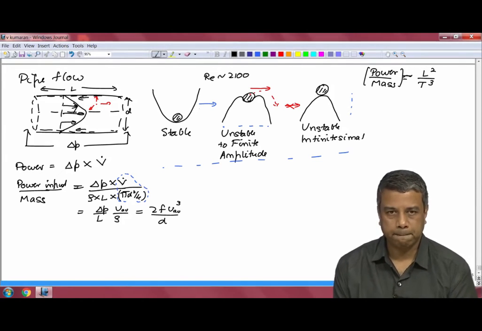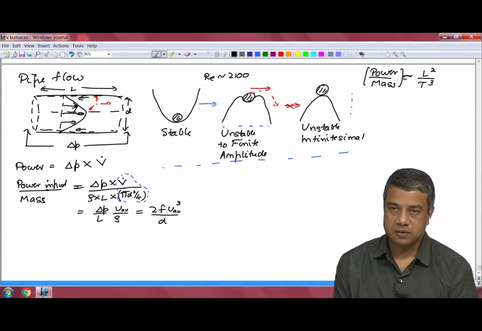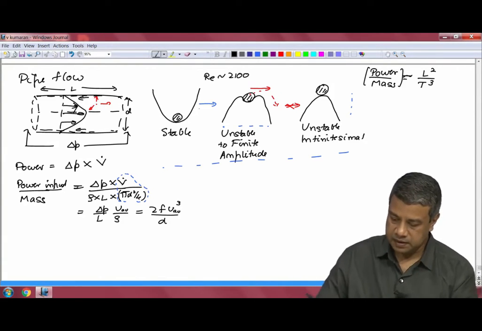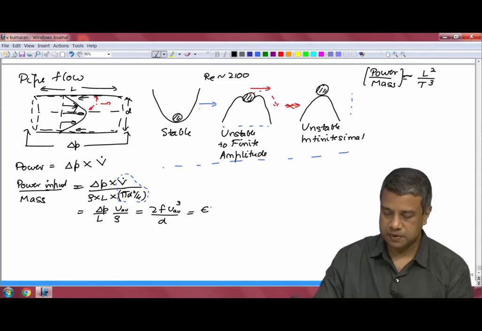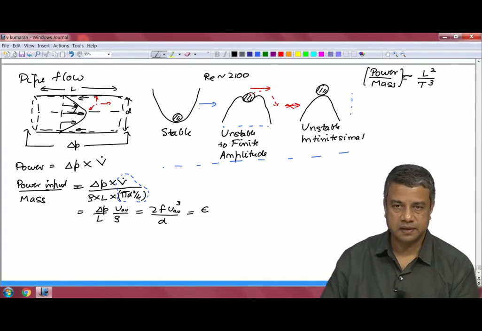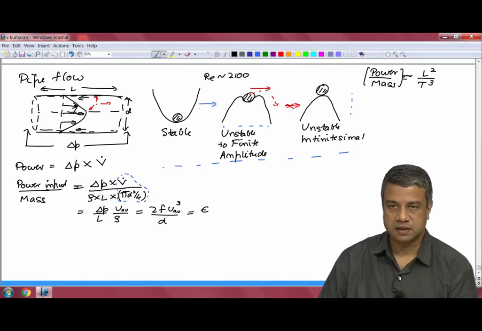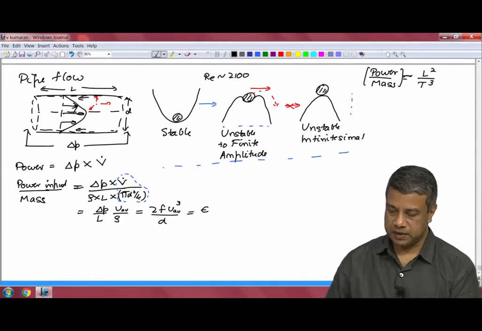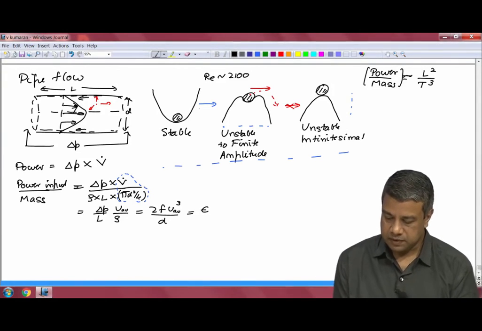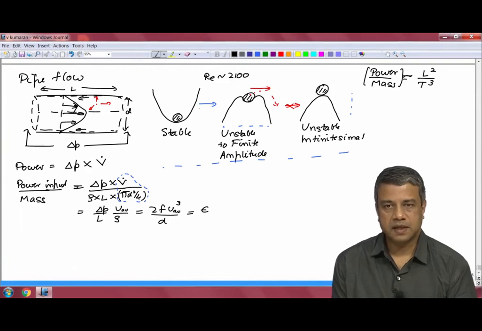This power input per unit mass also has to be equal to the rate of dissipation of energy per unit mass per unit time. This symbol epsilon is used for the rate of dissipation of energy per unit mass. That is the energy dissipated per unit mass per unit time due to fluid viscosity, due to fluid friction. So, this is a balance at steady state.